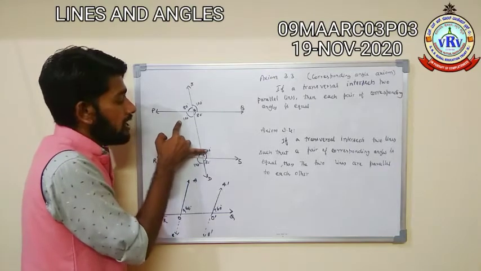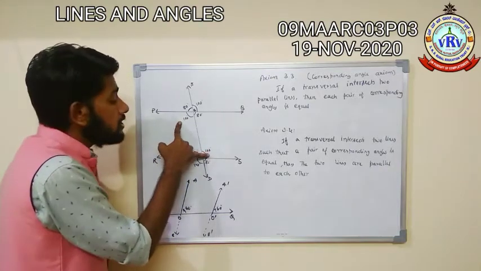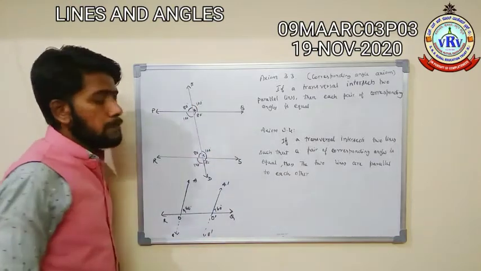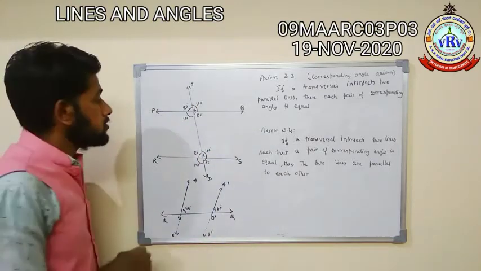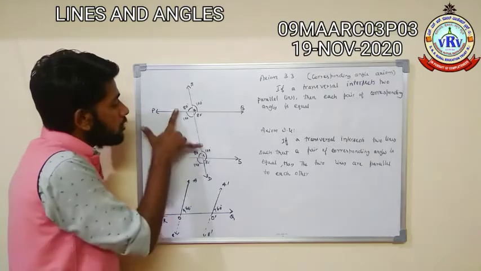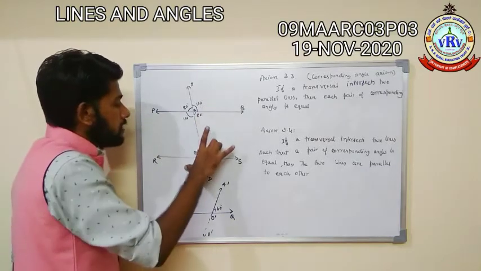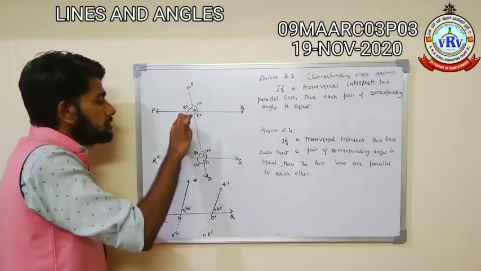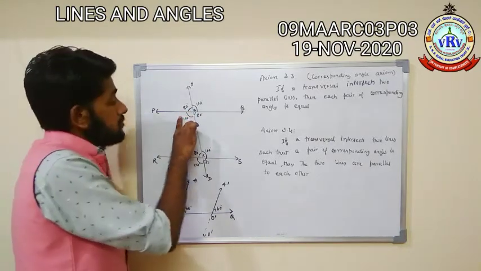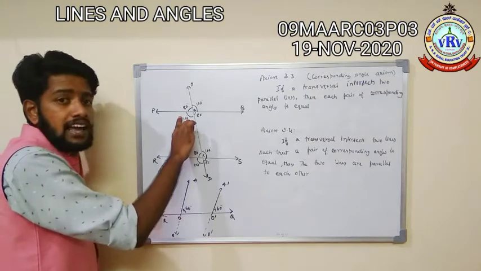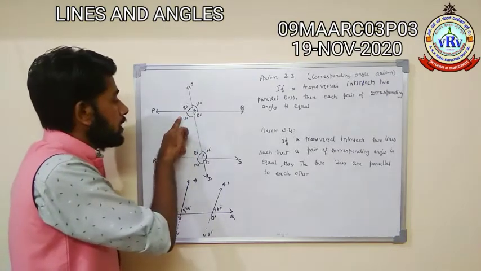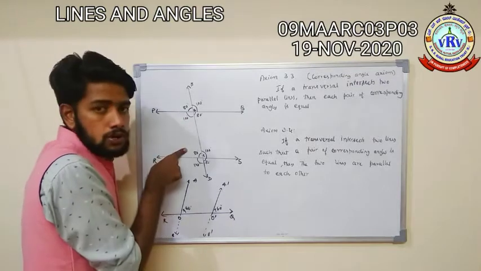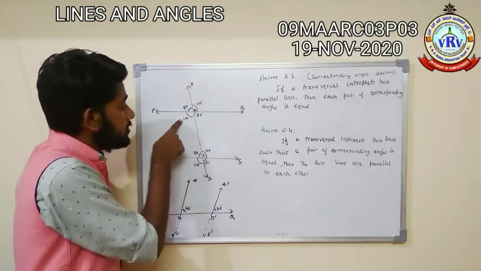Now you can observe alternate interior angles are the same here when a transversal passes through two parallel lines. And you can observe the alternate exterior angles are also equal, and the sum of the allied angles is 180 degrees. The sum of these two, angle B plus angle C, is equal to 180.